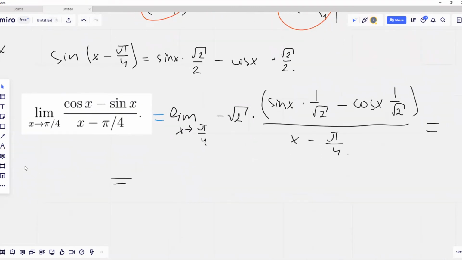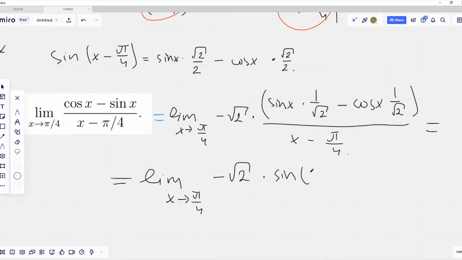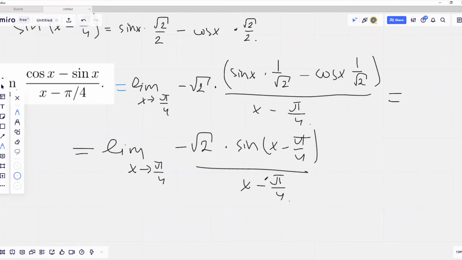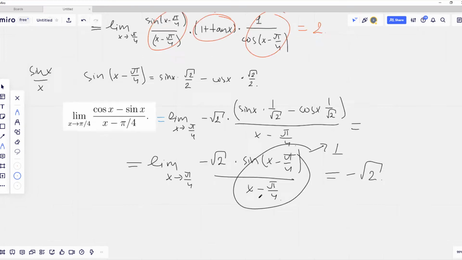So then that stuff inside of brackets can be expressed as minus root of 2 times sine of x minus pi over 4 divided by x minus pi over 4. Right, and when x is approaching pi over 4, this goes to 0, that goes to 0, so this limit goes to 1. So the answer is minus root of 2.